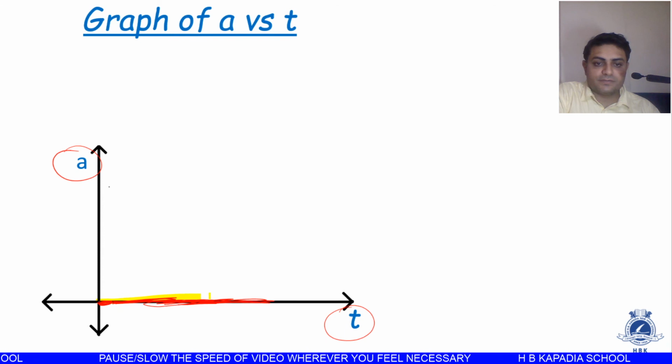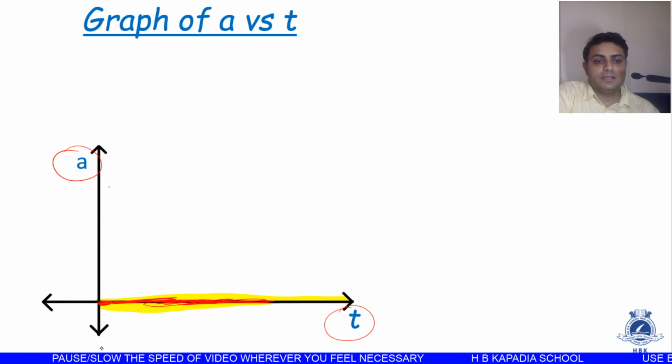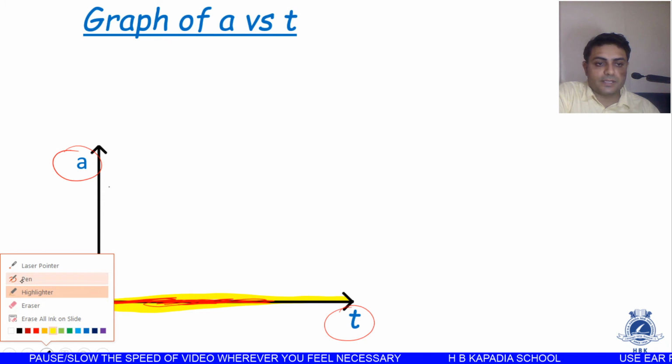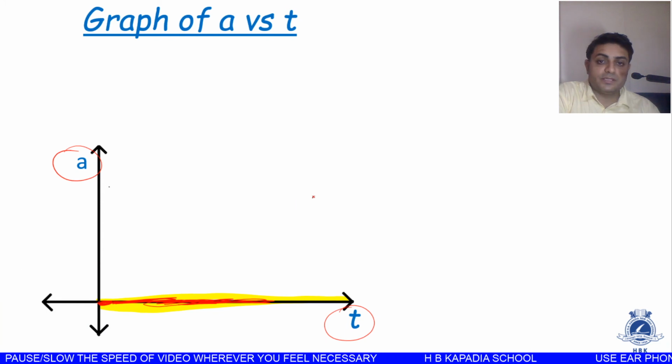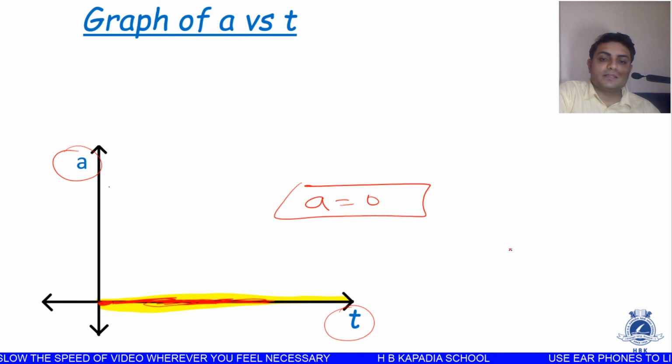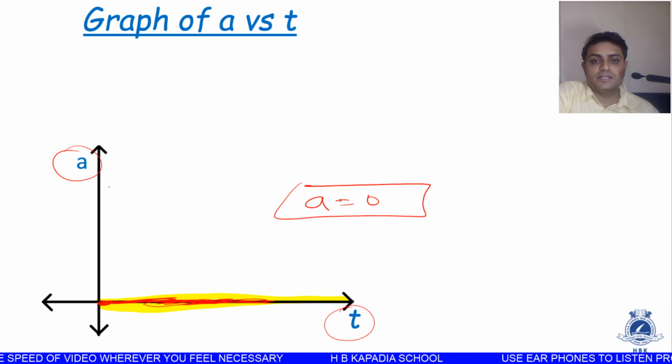If the graph is along the time axis, then we can say that the acceleration is 0. It doesn't mean the velocity is 0. Acceleration is 0, but velocity may or may not be 0. It depends on the condition.